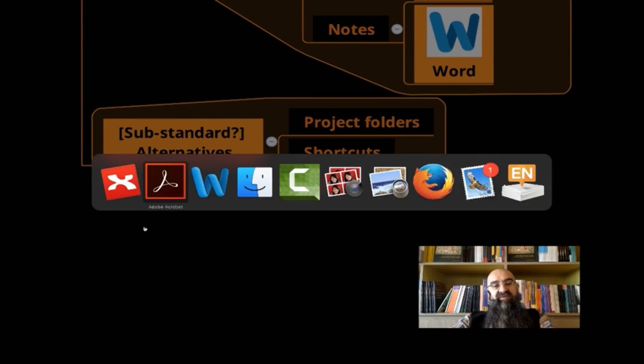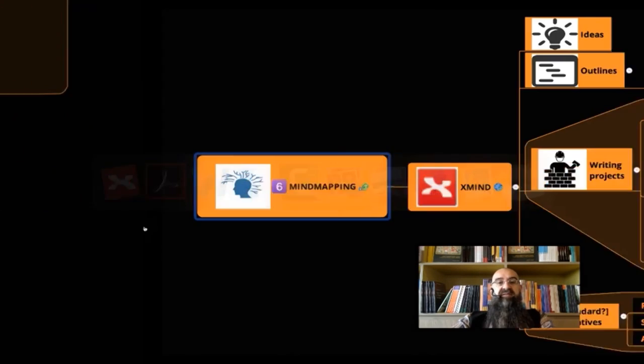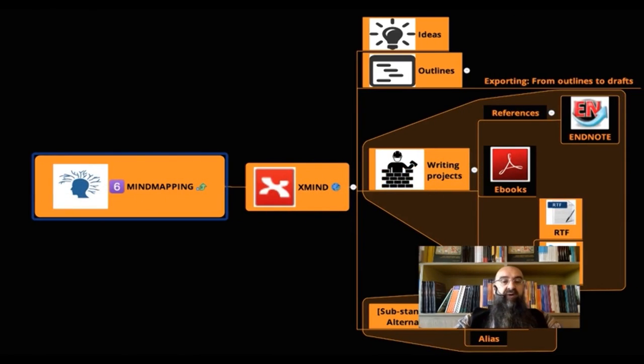Okay, so let's review some of the things that I've said about mind mapping. Mind mapping works well for some people, not so well for others. Some people have a very linear, very organized, methodical approach to study. Other people are more creative.